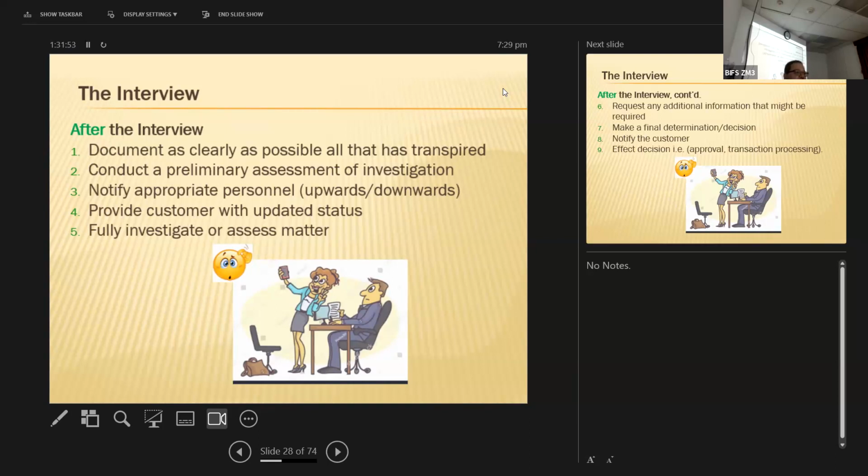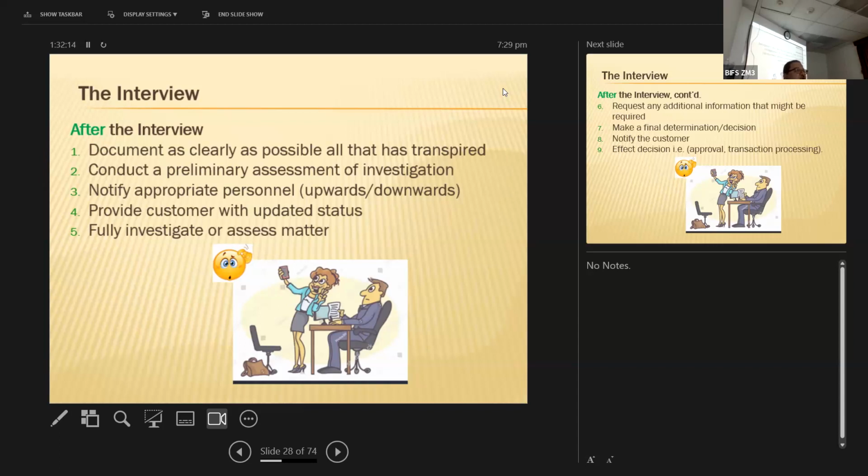And the reason for that is, when you come back to it, whether it was a loan application or problem solving, or whatever the type of interview, and you need to go back to check up on something, you will know exactly where it is.